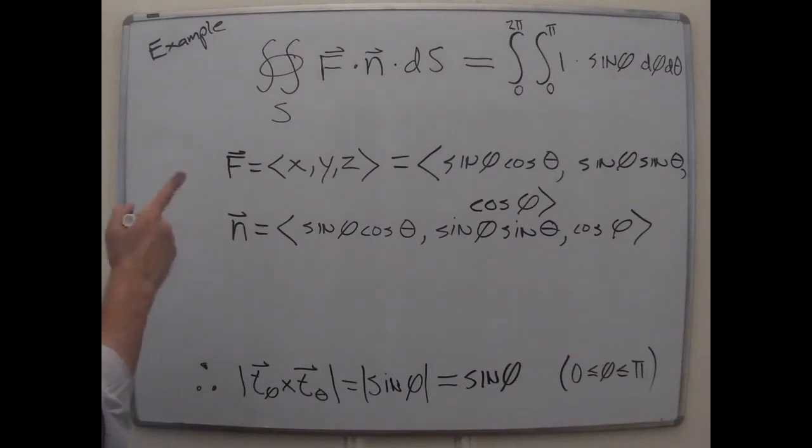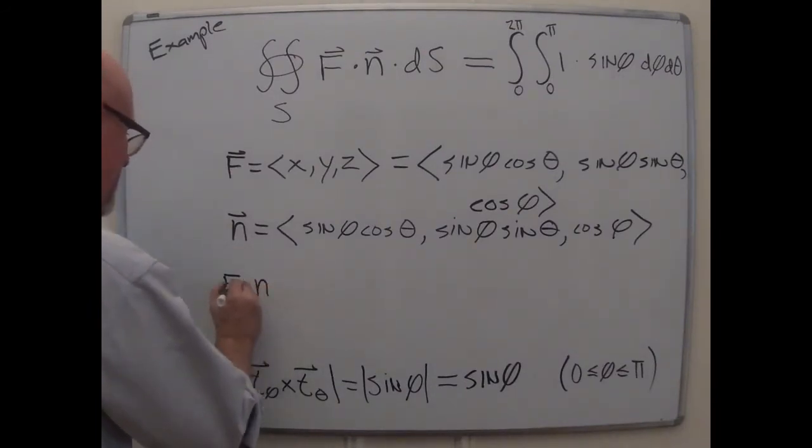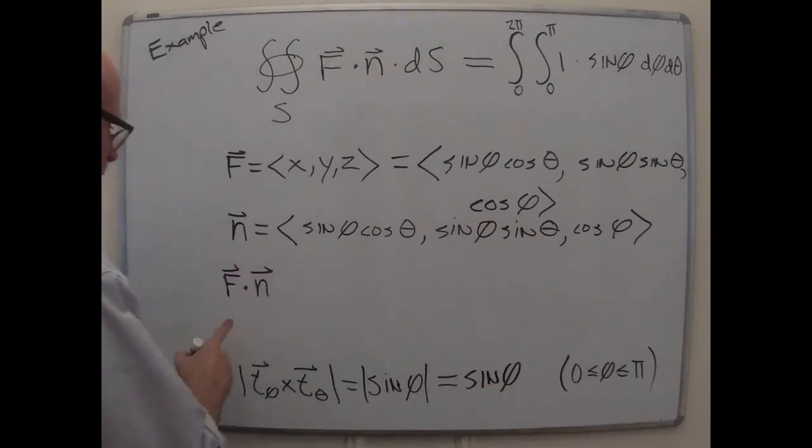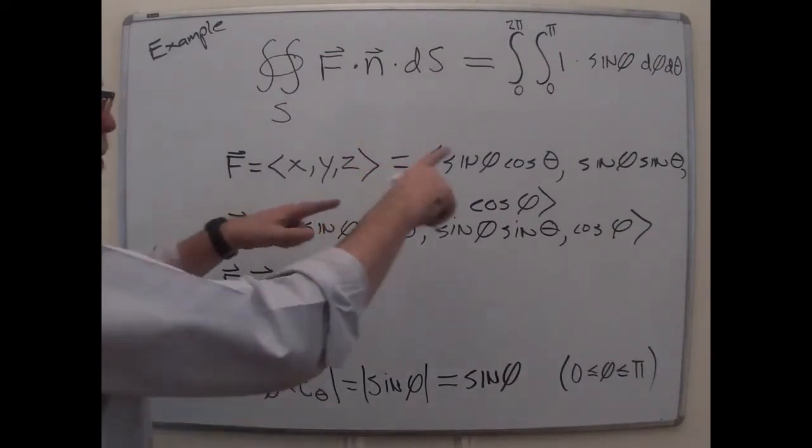And if I do f dot n, well, we already did this, really, because f dot n is the sum of the squares of the components, because the components are equal.